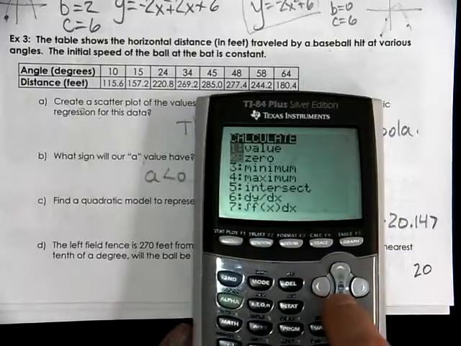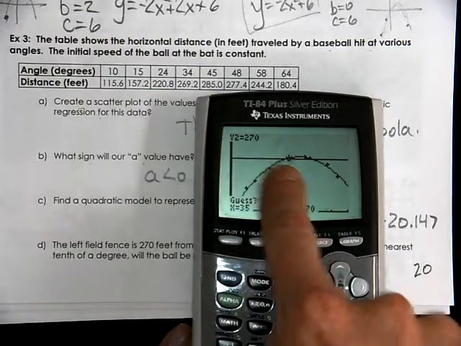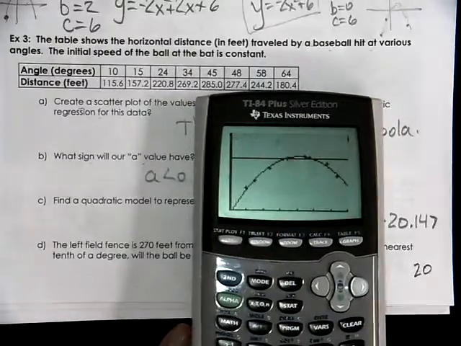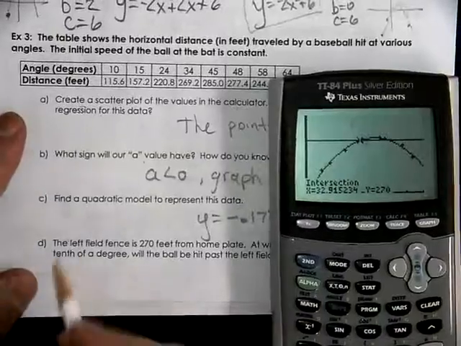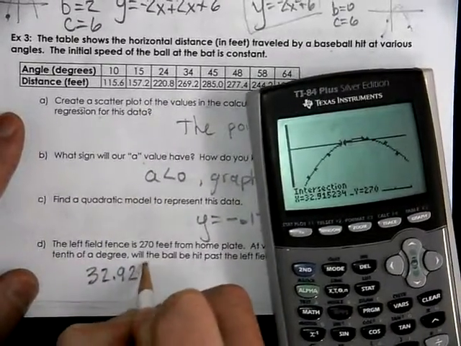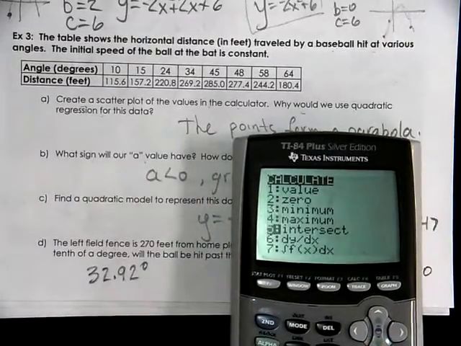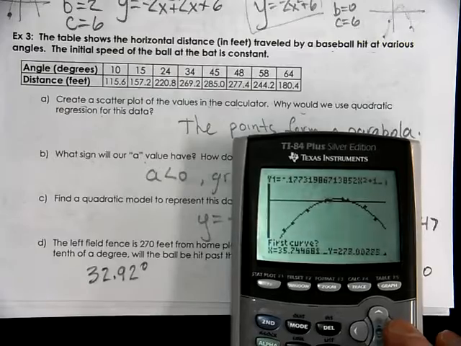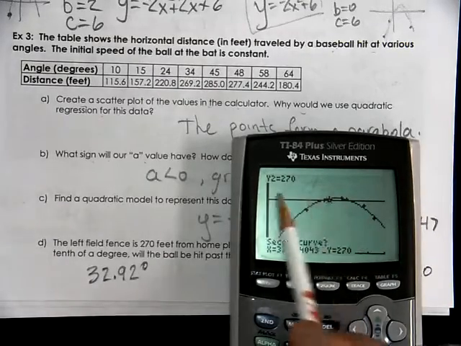So second trace, we go to intersect. First curve, second curve. I did that kind of quick. So it's happening at 32.9 degrees. And second trace, intersect. First curve, yes.